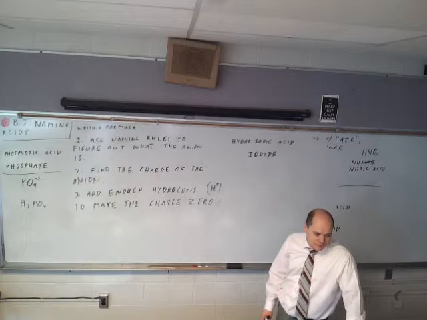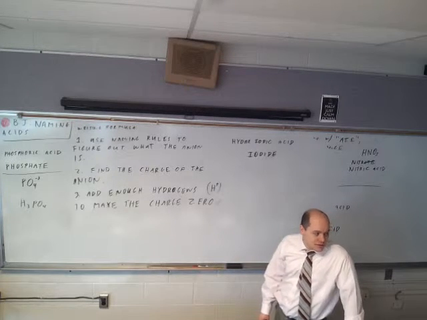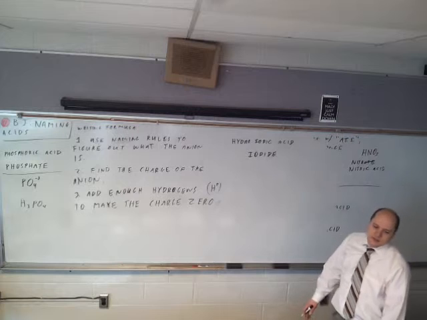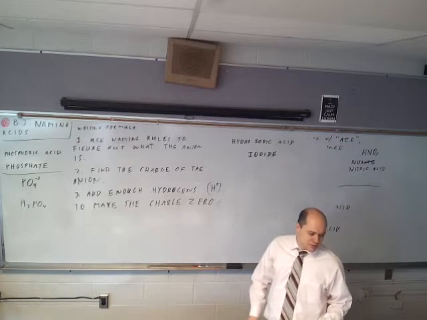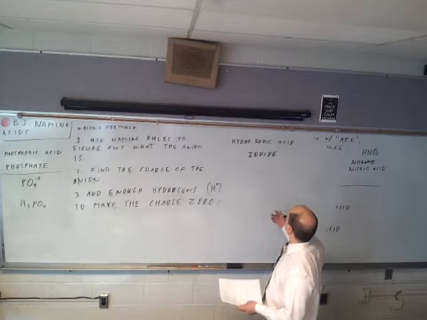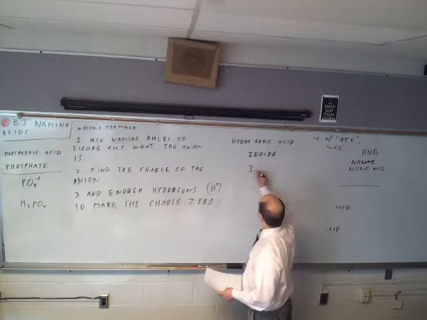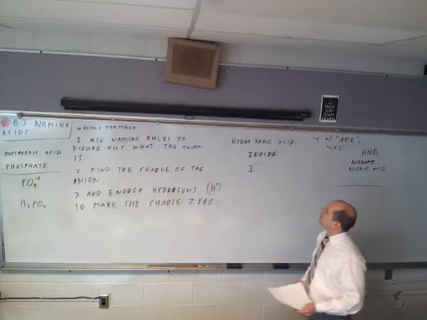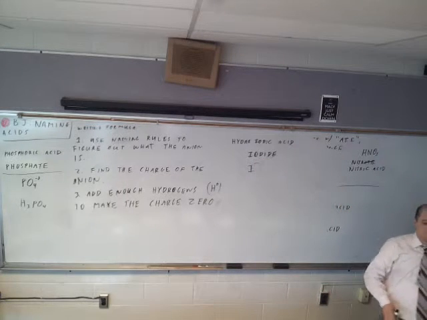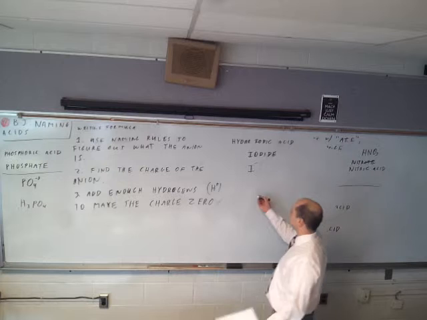Why is it -1? If you look at the periodic table, it's in group 17, and everything in group 17 has a -1 charge. You should have that written on the periodic table I gave you. So iodide is -1. All right, so how many hydrogens does it need? 1. So the formula is just going to be HI.